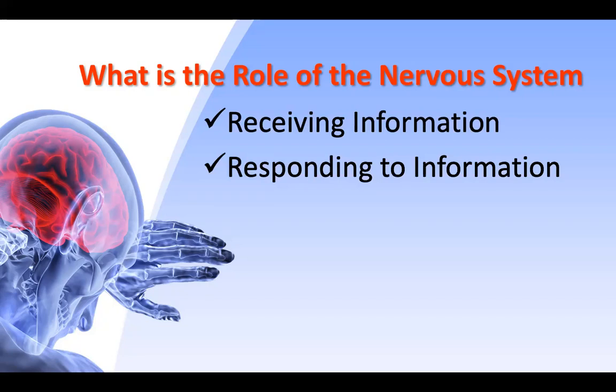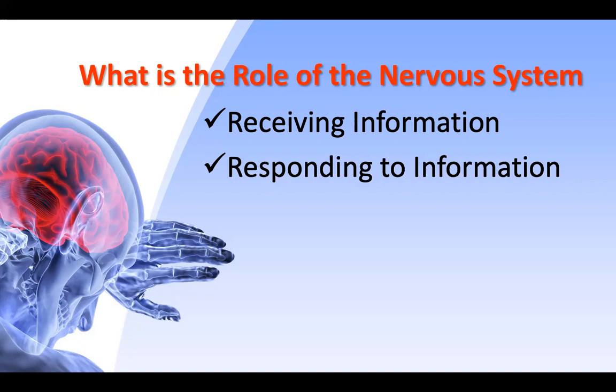Responding to information. Any change or signal in the environment that an organism can recognize and react to is called a stimulus. For example, a buzzing fly is a stimulus. After your nervous system analyzes a stimulus, it directs a response.